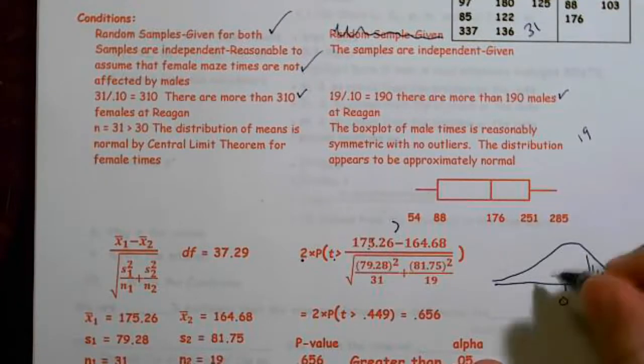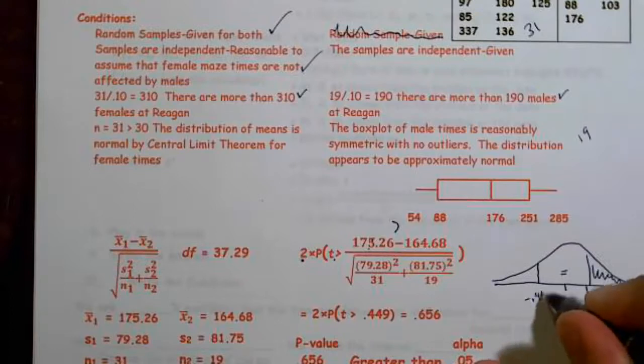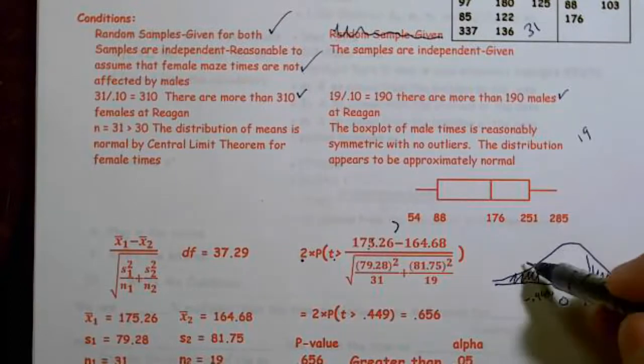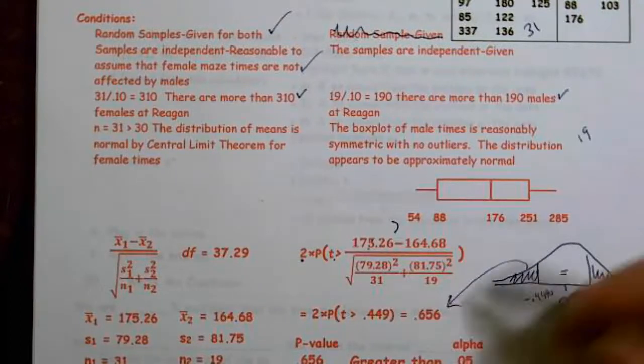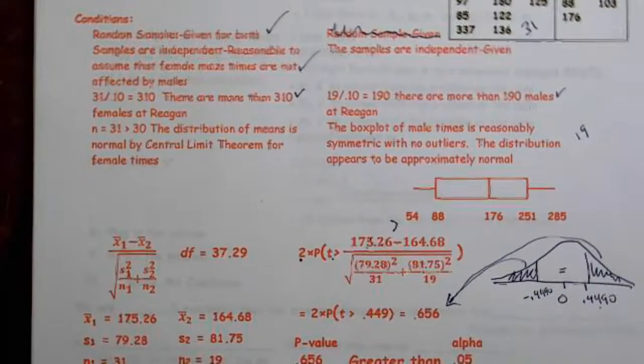But we had to go 2 times that because it was a not equal situation, because just as extreme as 0.4490 is negative 0.4490. And the area in those 2 tails together sums to 0.656.